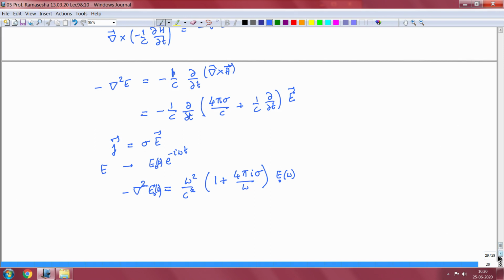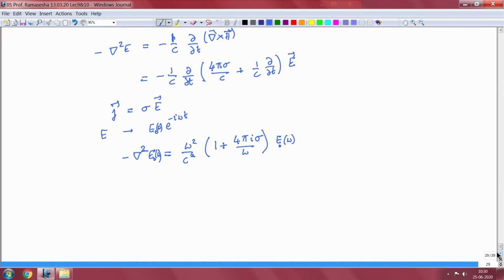Here it is quite straightforward because I have cancelled e to the minus I omega t on both the sides after doing the differentiations.